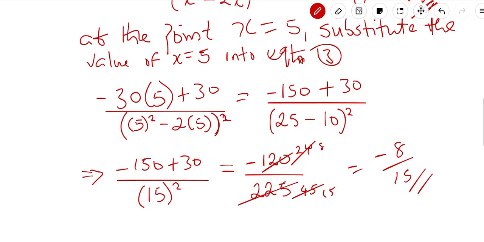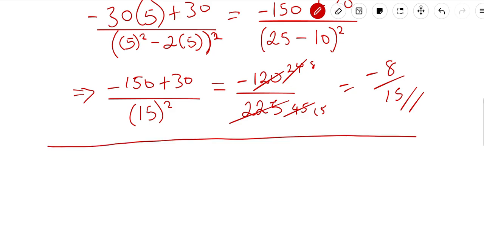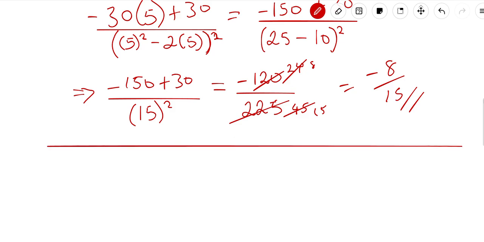This becomes the gradient of the curve y is equal to 15 over x squared minus 2x at the point where x is equal to 5. All right, I believe that was pretty simple and straightforward. Let's move on to a second, similar question, so that you have more questions to understand what we're doing.